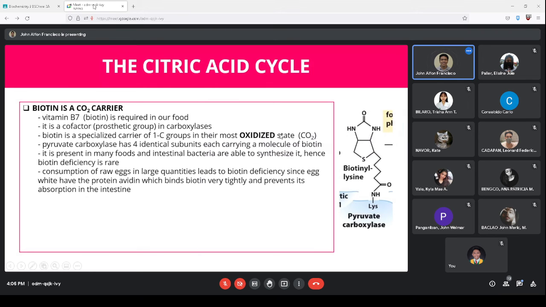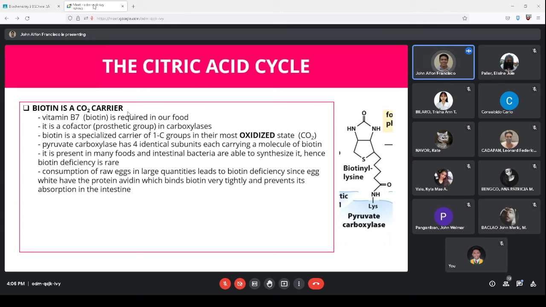Okay? Si biotin is a carbon dioxide carrier. Ito si biotin, vitamin B7, nire-require natin tong i-intake sa food. So, as you can see, so far, almost, I think, 3 yung vitamin B na na-introduced, which is very important component of the citric acid cycle. Or ginamit natin siya for conversion of pyruvate to acetyl-CoA.